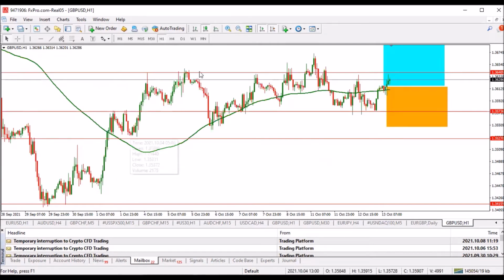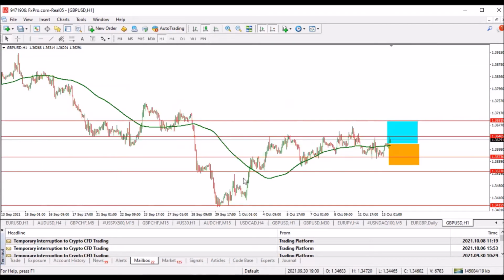It went down, and then we buy here. Why are we buying? Because if GBP goes above the MA, then we're buying for H1, and we aim for 80 pips or 60 pips. Okay, so that will be there. So it's simple as that, guys.